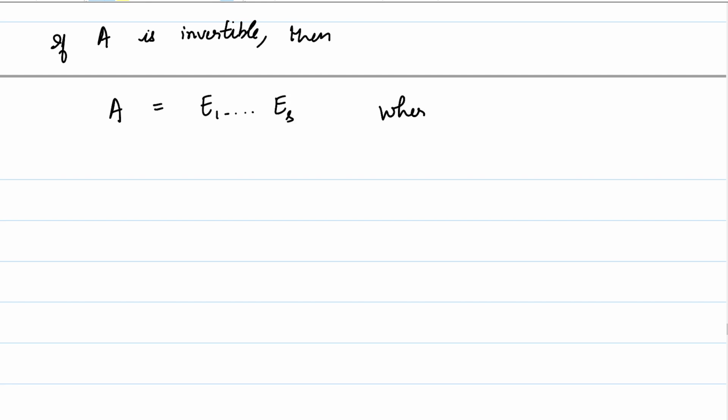when A is invertible? If A is invertible, then we will use one of the theorems we have proved earlier, which helps us write A as a product of elementary matrices, where E_1 to E_S are elementary matrices. And then what will be A adjoint?